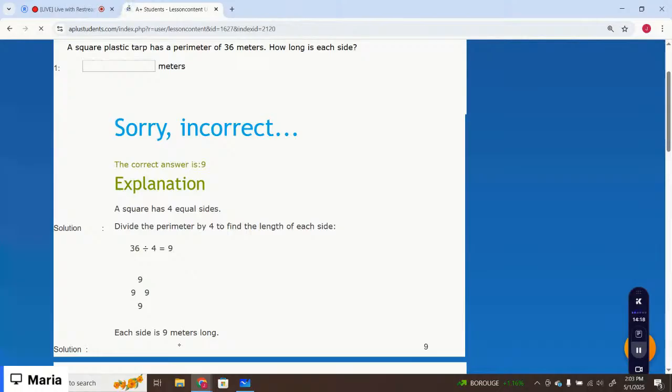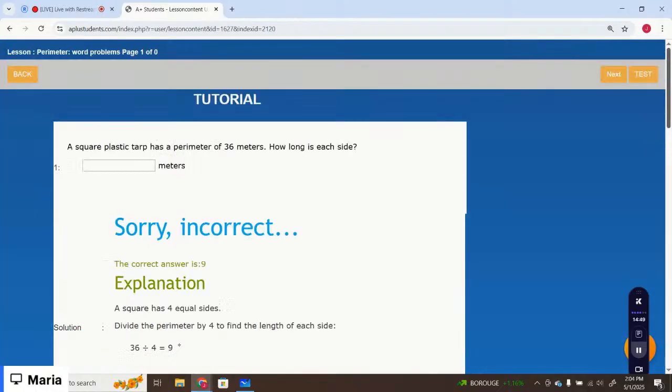How long is each side? So a square has 4 equal sides. All the sides are equal in measurement. So you have to divide the perimeter. We are given the perimeter. We need to divide it by 4. So 36 divided by 4 is 9. That means each side has a side length of 9 meters.